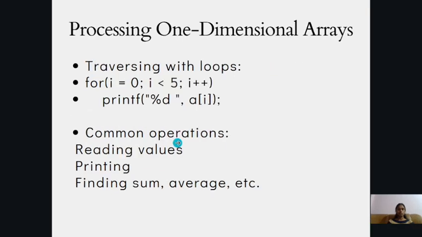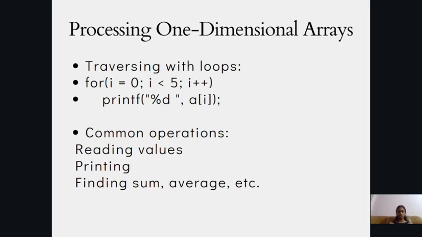Processing of one-dimensional arrays. It covers how to access each element of an array and common tasks performed on them. A one-dimensional array is a list of elements of the same data type stored in a contiguous block of memory.